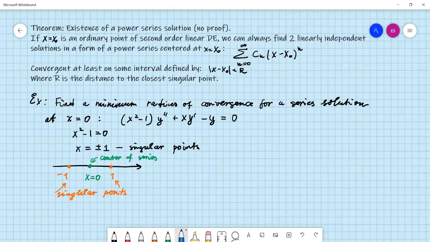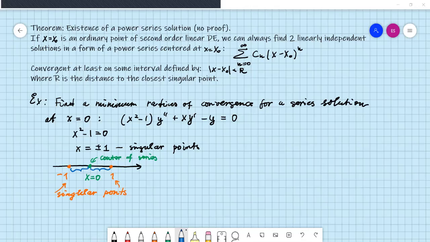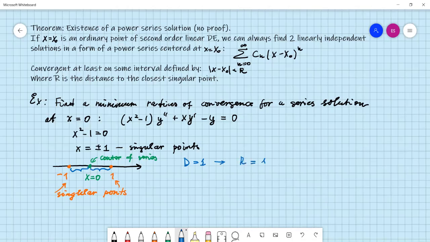Now, what is the distance? Well, lucky or not, the distance to each of these two points, not necessary, but it can happen, is equal to 1 unit. So the distance equals 1. Again, we were placing our center of the series symmetrically to the singular points. But it's not necessary. If you consider x equals, for example, 5, the closest point is going to be this one. Okay? And the distance is going to be what? 5 minus 1 equals 4. So I'm just trying to show you how to calculate the distance. So this distance is going to be the radius. So the radius is equal to 1.